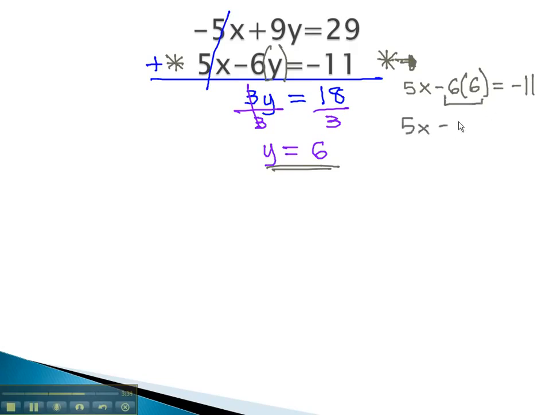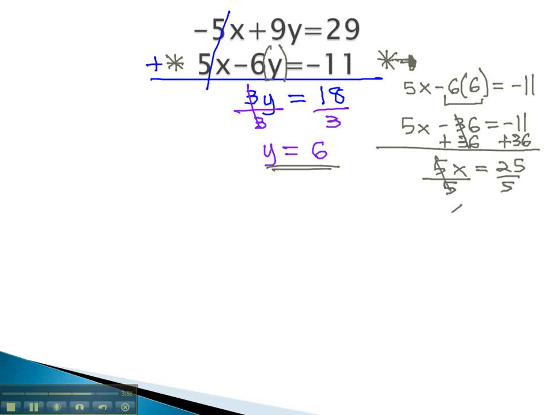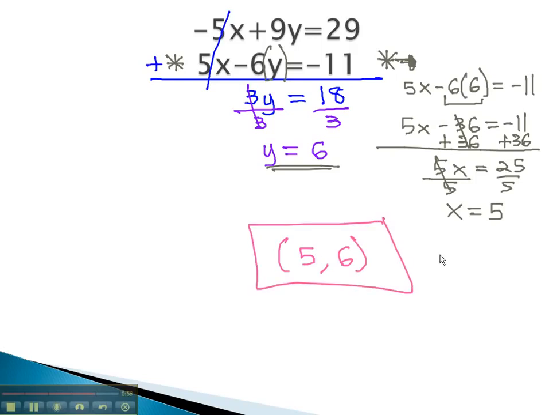Multiplying, 5x minus 36 equals negative 11. Adding 36 to both sides gives us 5x equals 25. Finally, dividing both sides by 5, we get our final answer for x, which is 5. Expressing our final answer as an ordered pair, x comma y, 5 comma 6.